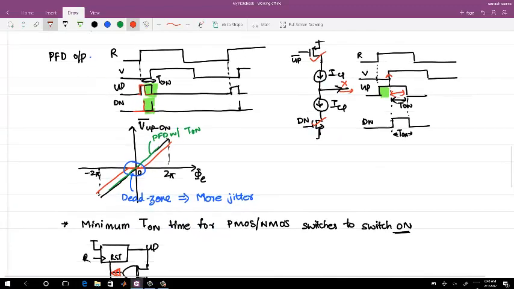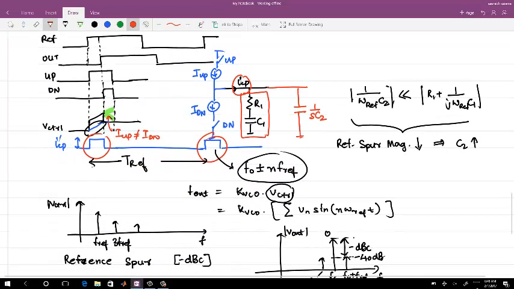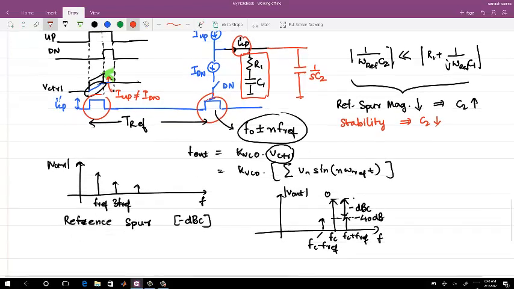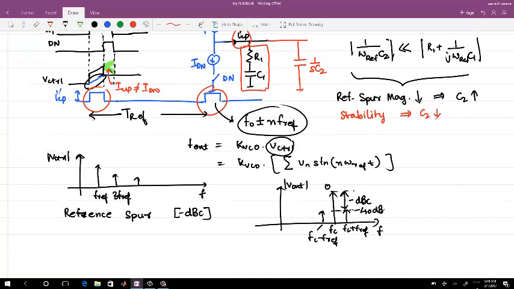So we have here a contradictory requirement. Stability requires that C2 should be lower. So if the two requirements, reference spur magnitude and stability, have contradictory C2 requirements, there should be some optimum value.